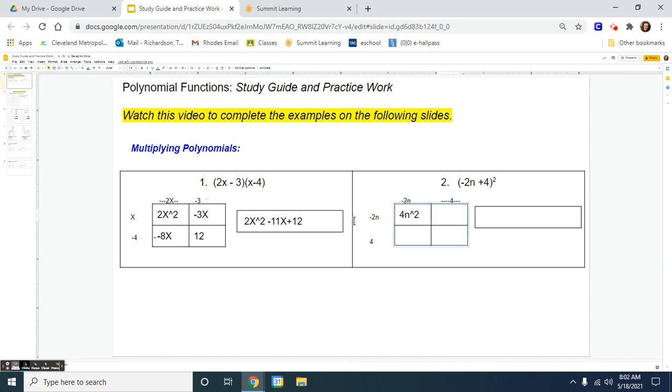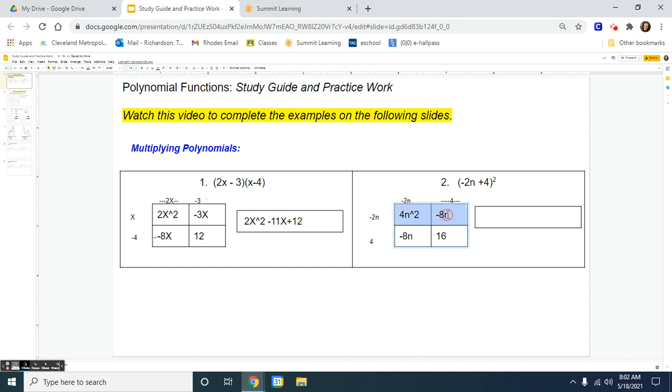Next, we have 4 times negative 2n. 4 times negative 2 is a negative 8, and then we have that n. My third box here is going to be negative 2n and 4. It should be the same thing again, which is negative 8n. And then last, we have 4 times 4, which is a positive 16.